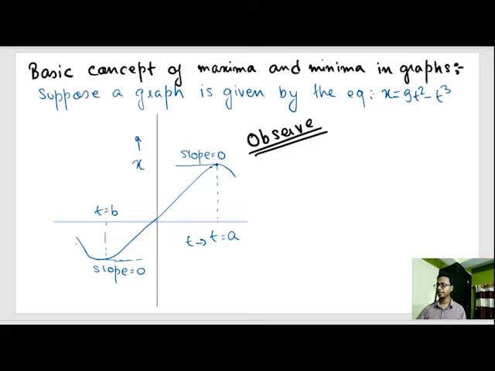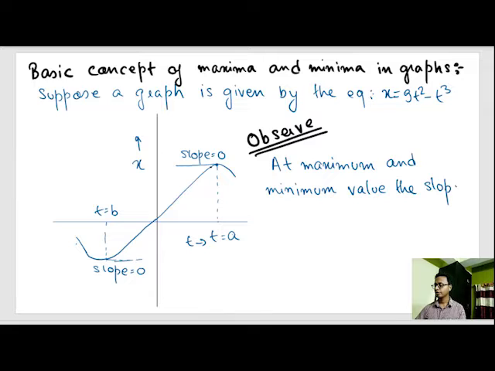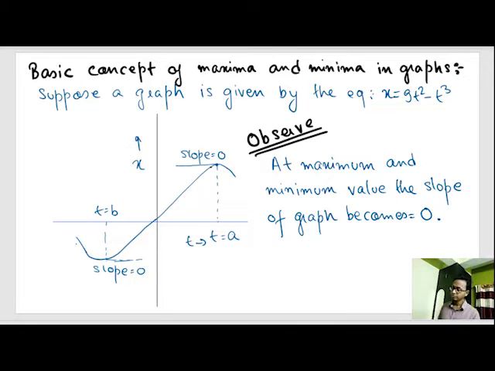So we can safely write that at the maximum and minimum value, the slope of the graph becomes 0. Okay, you can safely write this.